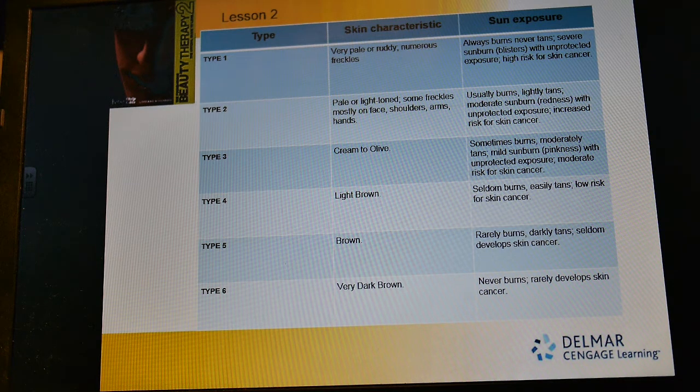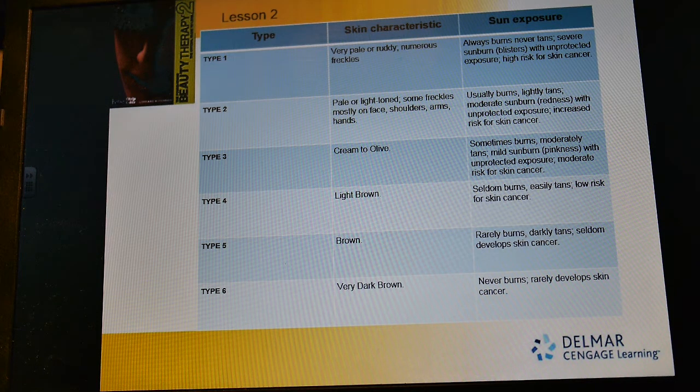This is very true, I usually burn. I do lightly tan, I can tan quite well actually, but I will always burn, and I will get quite a lot of redness if I don't protect my skin. I can sometimes get blisters, which is really bad. So there's an increased risk for skin cancer.